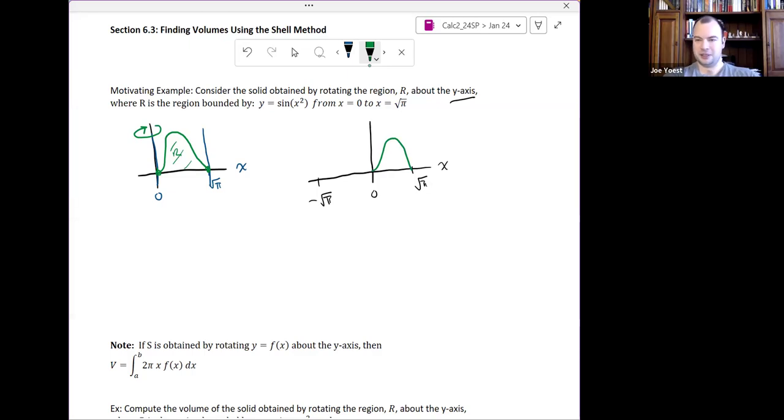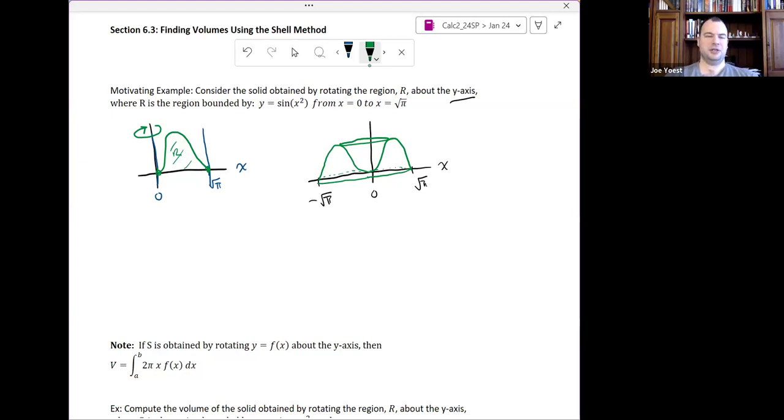And then I have the mirror image on the other side. I'm rotating it around horizontally, so to speak. Oh, OneNote loves to try to help out a little too much. There we go. And so my solid looks kind of like this.